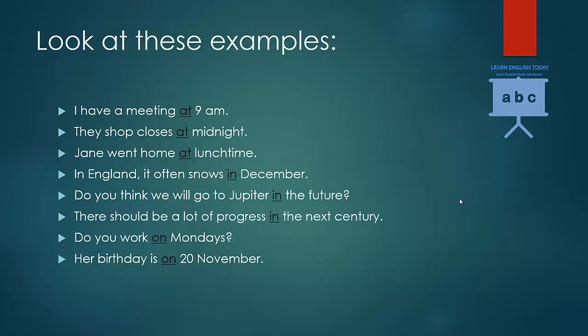The next example, where will you be on New Year's Day? New Year's Day is a special day, so we can use what? On. So here are some examples of how we can use at, in, on. The first three examples show that we can use at, the next three show that we can use in, and the last three show how we can use on.